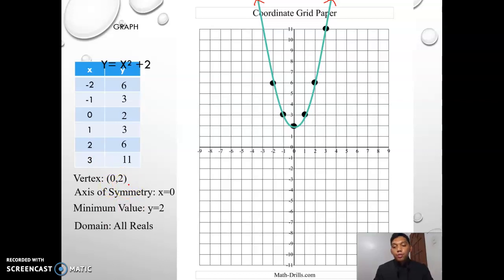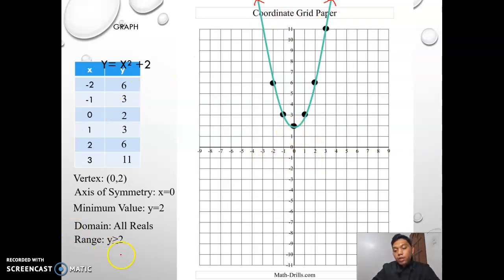Now let's check the domain. In a quadratic function, the domain is always all real numbers, all reals. Lahat ng real numbers sa domain. But the range usually has a limit. So how do we get the range?